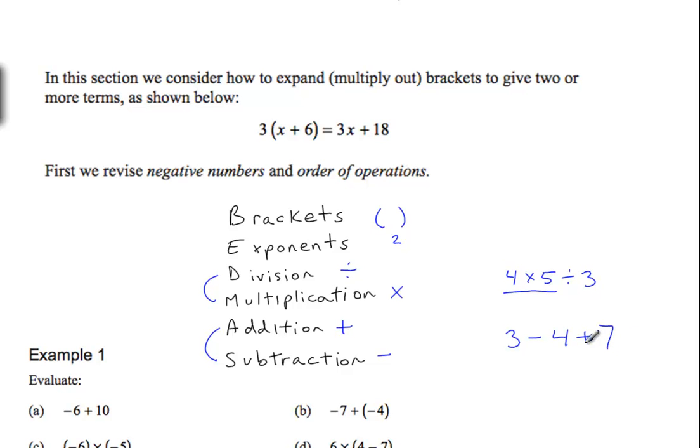Even though addition comes before subtraction on the list, we would do subtraction first because it's the leftmost. These both have basically the same power. So you always do brackets first, followed by exponents, then whichever of these is leftmost, and then whichever of these is leftmost. And that's how we use BEDMAS.